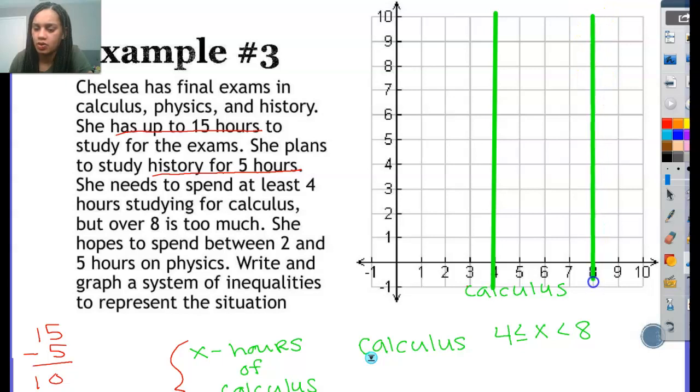And we actually said that it had to be less than those 8 hours. So if we're just talking about calculus, we would be somewhere in between here. So we can shade, but I want to hold off on the shading for just a minute to narrow it down a little bit.